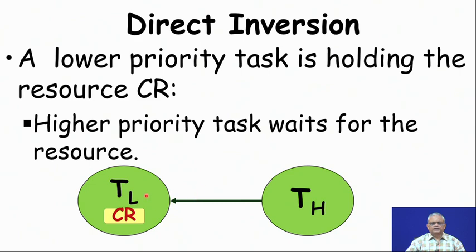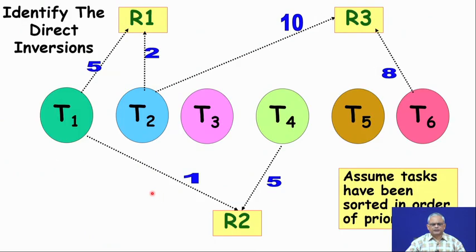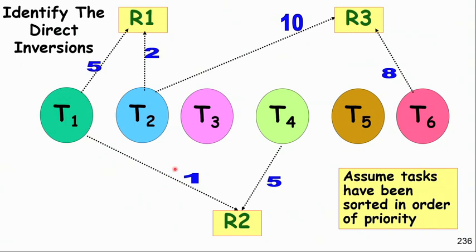Here, when a lower priority task is holding a resource, a higher priority task has to wait until the lower priority task releases the resource. Let me repeat again that in a direct inversion, a lower priority task is holding a resource, and the higher priority task needing that resource has to wait until the lower priority task completes its usage of the resource and releases it. Now, this is a small exercise here.